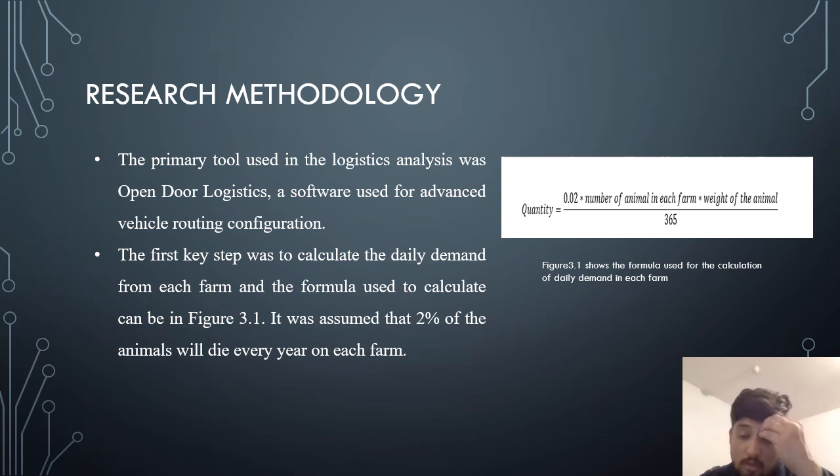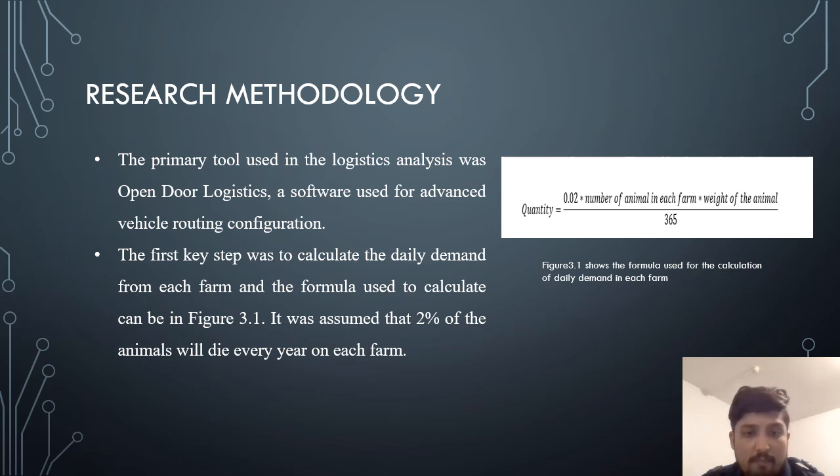Let us now understand my research method, what I applied to get my results. The primary tool used in my logistics analysis was Open Door Logistics, a software which is very capable of advanced vehicle configuration and is very advantageous for getting a proper route or optimizing vehicle routing.